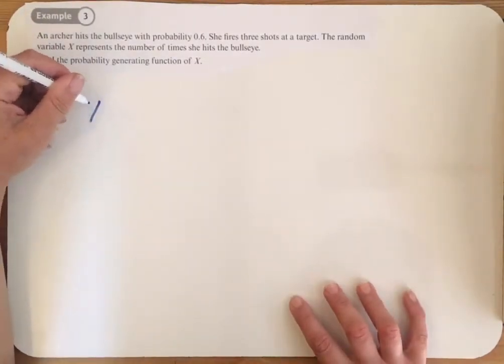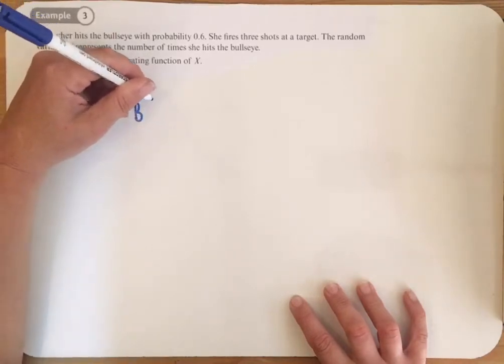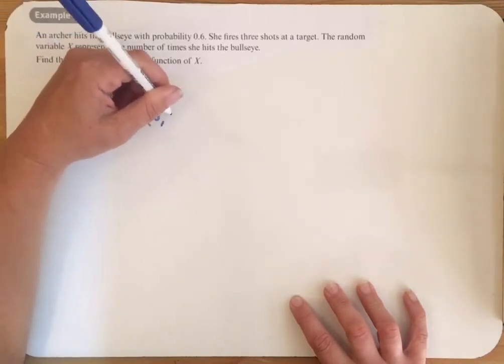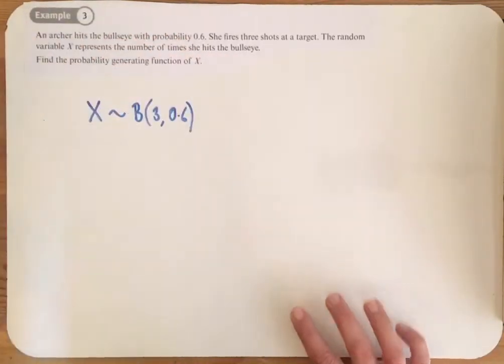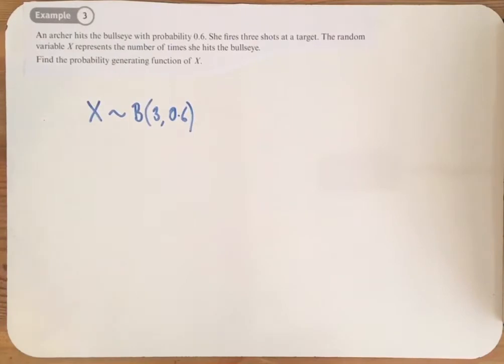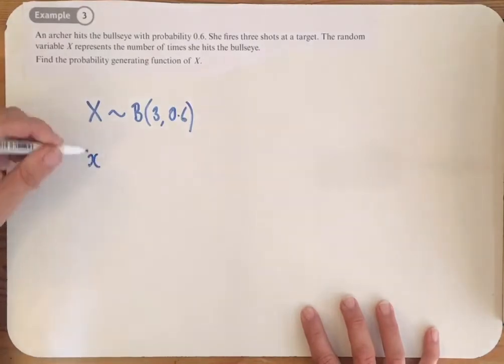And so x is binomially distributed. n is 3. Probability of success, or of hitting the bullseye, is 0.6. And I'm going to set this up as a table so you can see what happens really clearly.